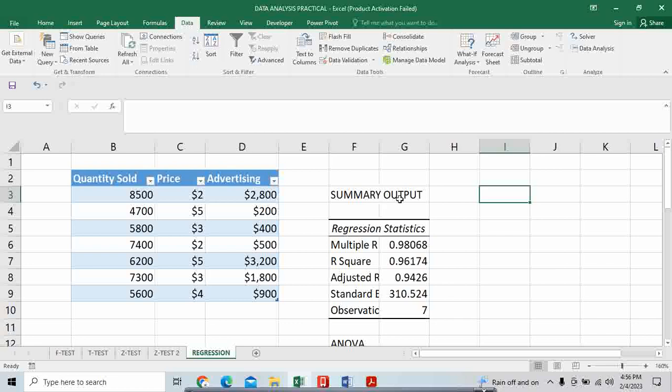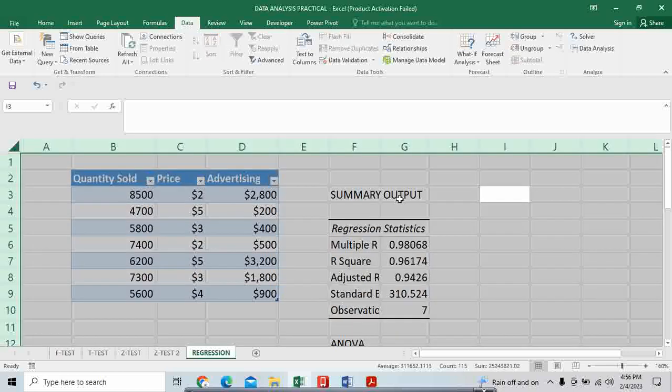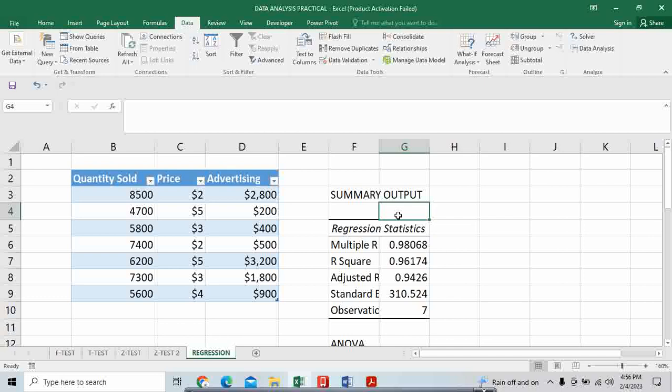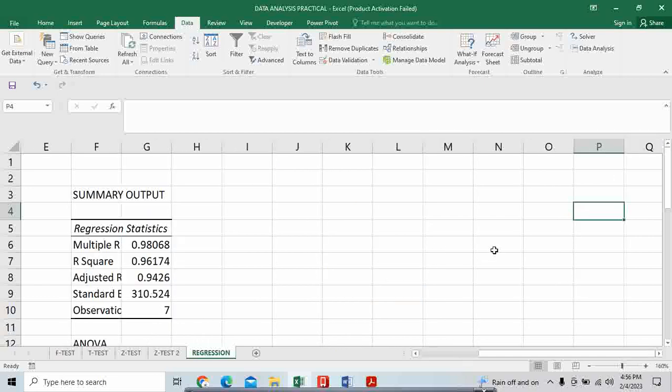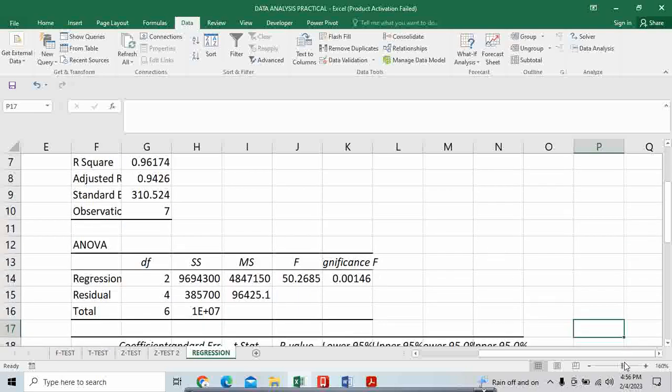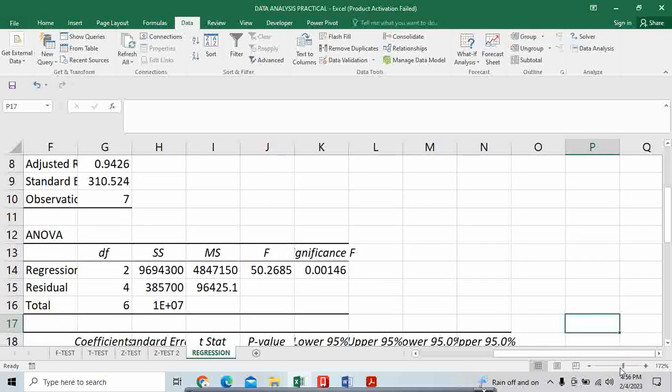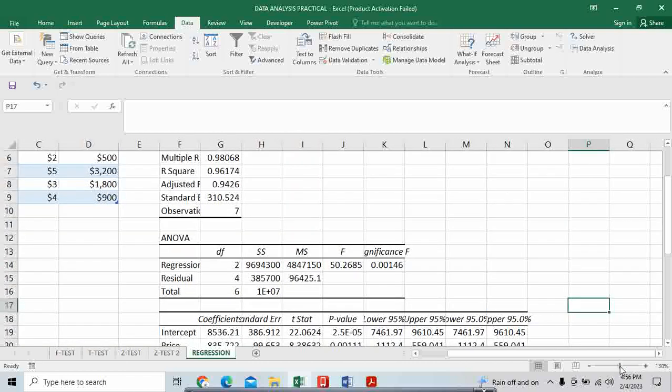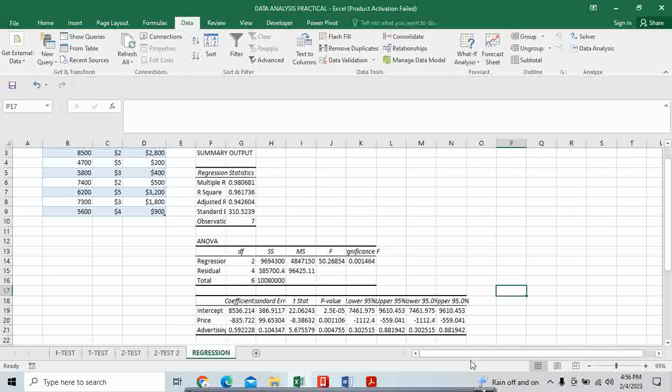So this is the table that I'm having right here. This is the data that I'm having. Let me try to move to this side, or let me just reduce the screen so that you can see everything here. You're going to see that we are having a lot of things to talk about now.